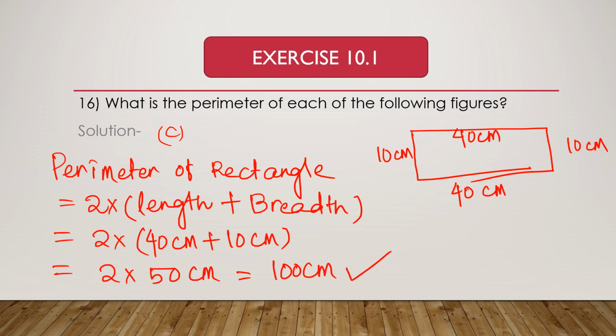So the perimeter of this given rectangle having length 40 centimeter and breadth 10 centimeter is 100 centimeter.